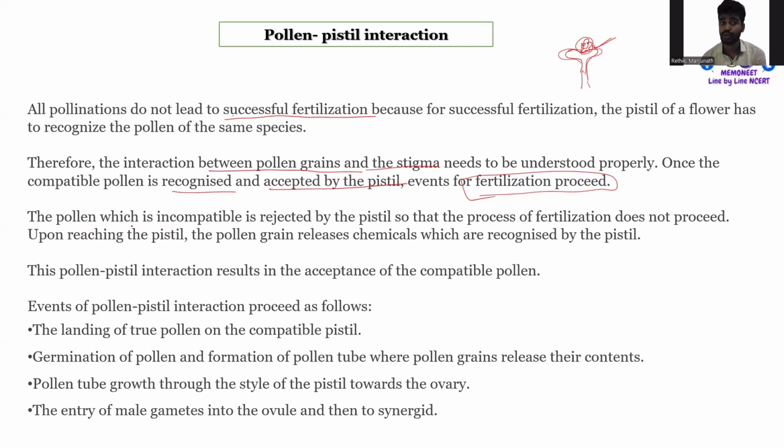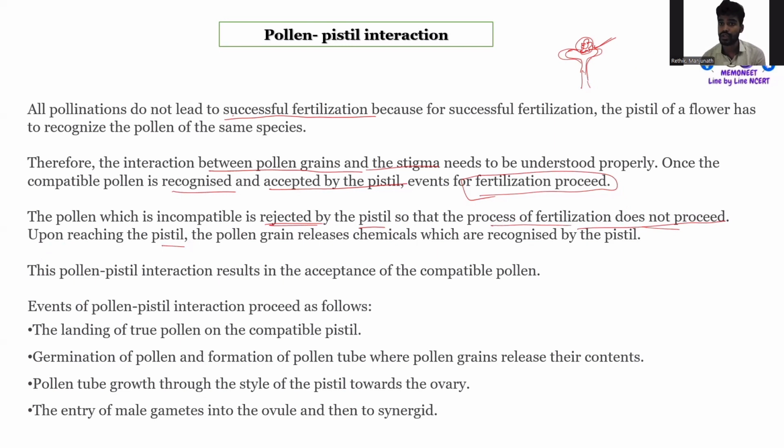The pollen which is incompatible, that means the pollen grain which doesn't belong to its own species, will be rejected by the pistil. So the process of fertilization does not proceed.